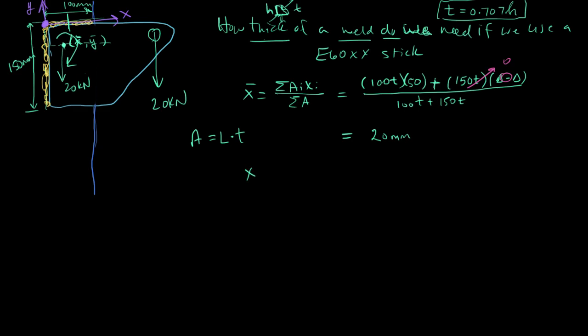We do the same thing with y. We want to find the y centroid. It's just the sum of the individual areas times the distance in y to those areas over the overall area. In this case we look at the top weld group, and for the same reason we have the 100 times T. Then we have that plus minus delta because half the weld is above, half the weld is below, so it's 0. That's the effective distance in y of that weld group.